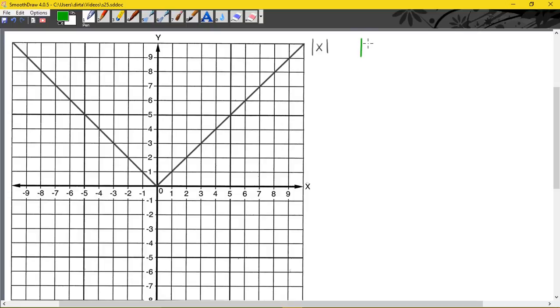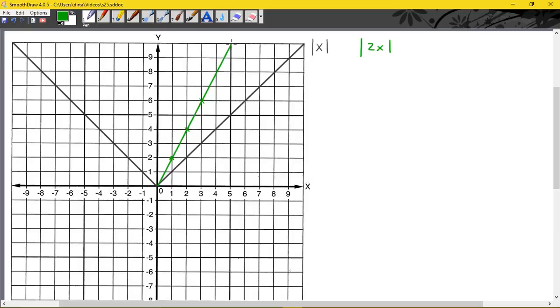What if we took the absolute value of 2x? 1 times 2 is 2. 2 times 2 is 4. 2 times 3 is 6. So it looks like we could just be having double slope.